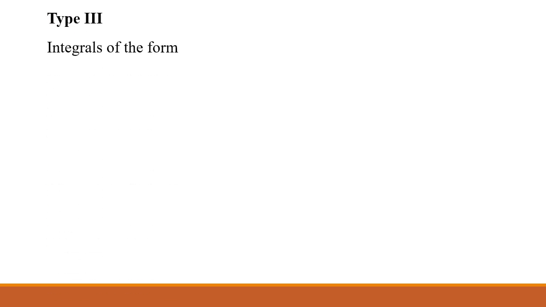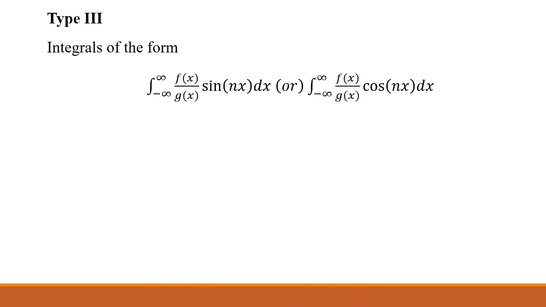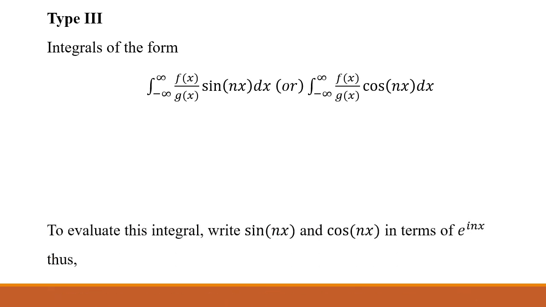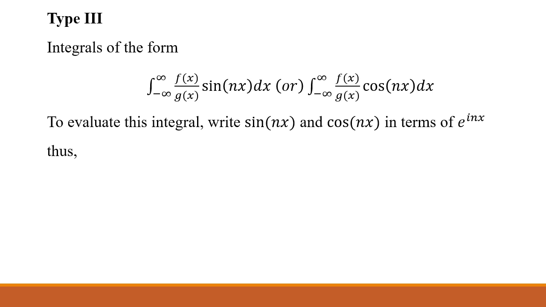For type 3, the integrals are of the form integral from minus infinity to plus infinity f(x)/g(x) sin nx dx or integral from minus infinity to plus infinity f(x)/g(x) cos nx dx. To evaluate this integral, we write sin nx and cos nx in terms of e^(inx).